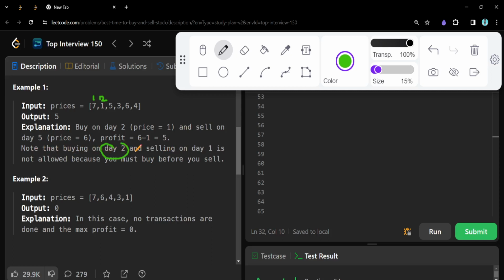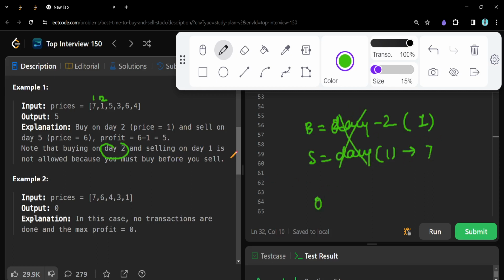So it's not like you buy on day 2, let me write day 2 with price 1, and sell on day 1 with price 7. So this is not possible and that is obvious also, right? It's not like you buy tomorrow and sell yesterday. It cannot happen, right? So this is what they are saying.